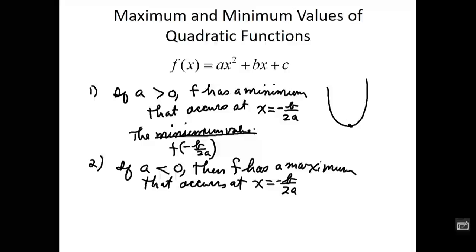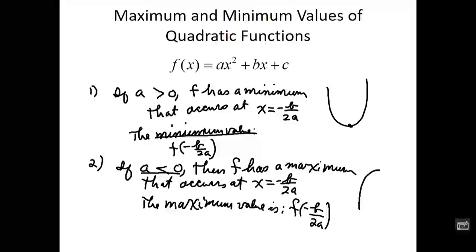The actual maximum value is f of minus b over 2a. And again, if a is less than 0, then the parabola opens downward. Then you would expect at the vertex that you have a maximum.